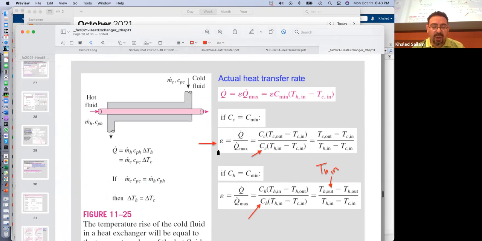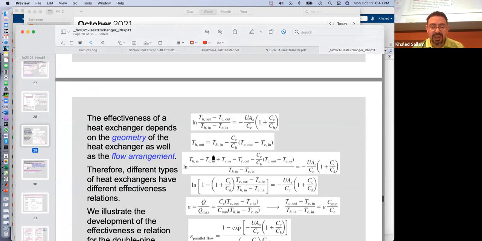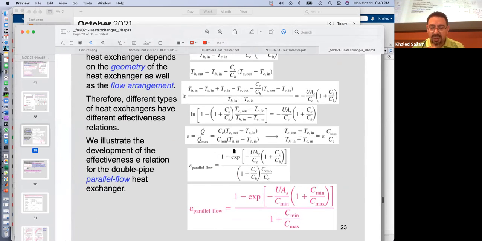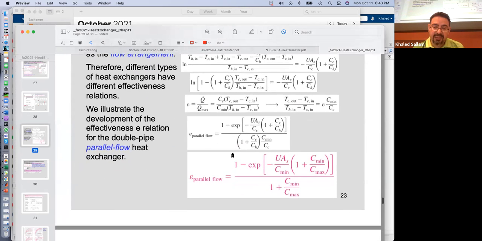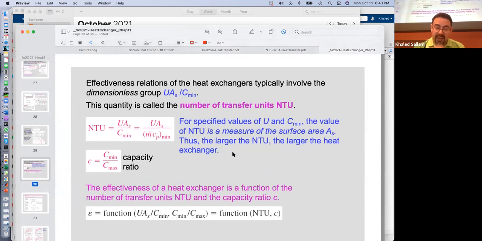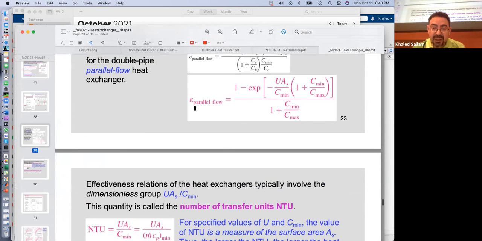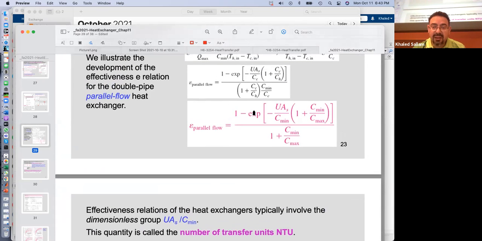Anyway, how do we calculate the epsilon again? Here is the equation for epsilon for the parallel flow: 1 minus e to the power of minus UA over C min times (1 plus C min over C max), over 1 plus C min over C max.